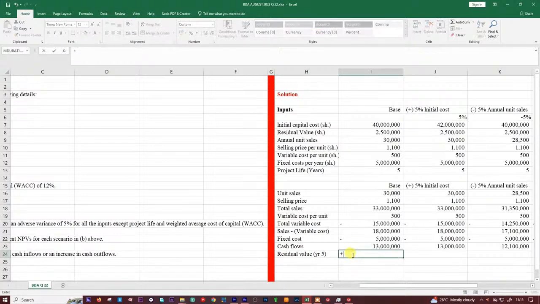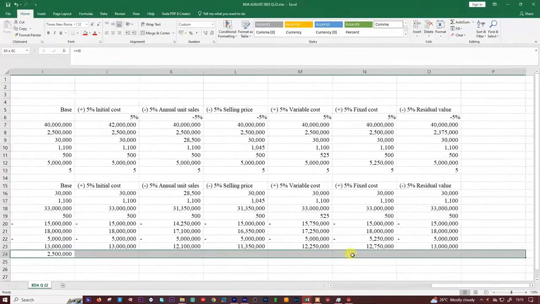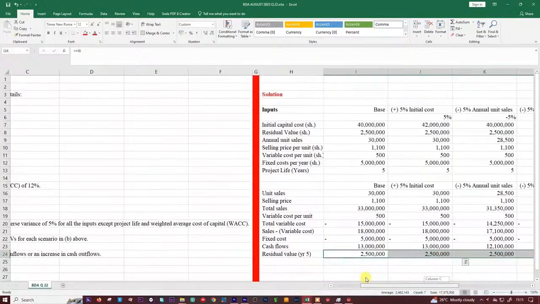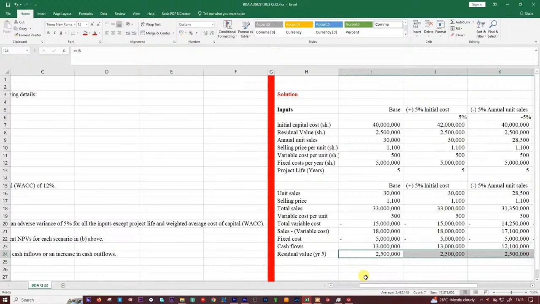We pick those residual values from up above here, please. Then, because there's a change in residual value over here of 2.375, we need to factor that in. So Control R, but we do not subtract it. It's a cash inflow.